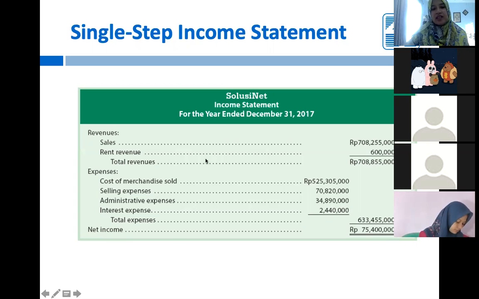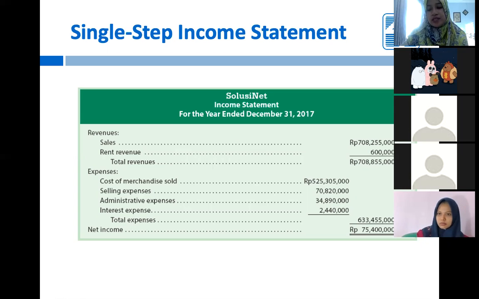As well, it doesn't give us the detail of what is the content of selling expenses. It's straightforward, the whole amount of selling expenses. So we do not know the detail of each type of expense. Okay, so there are pros and cons between the two types of income statement.